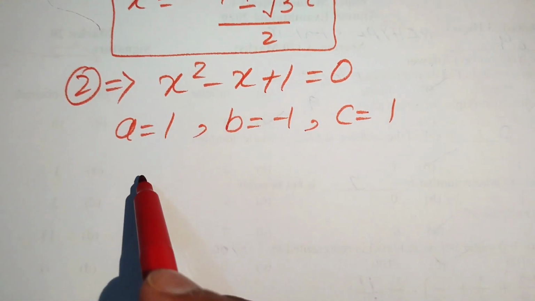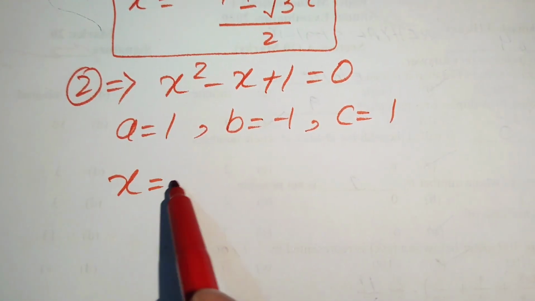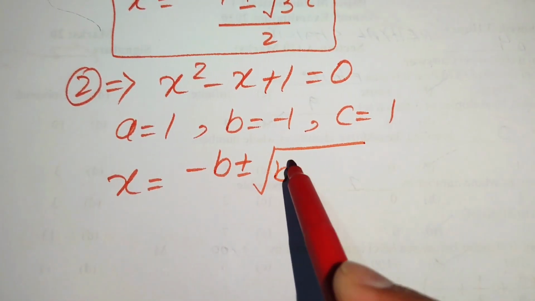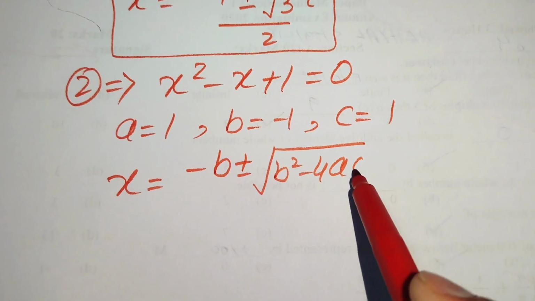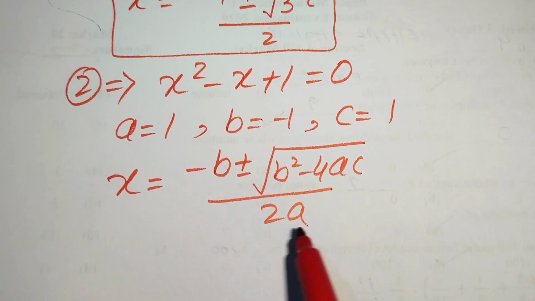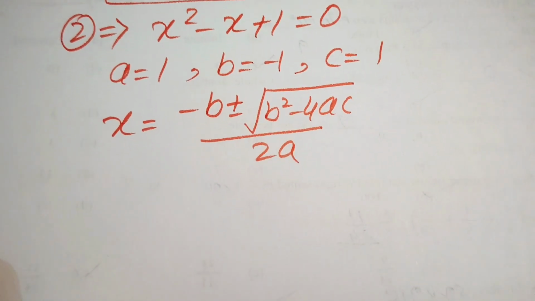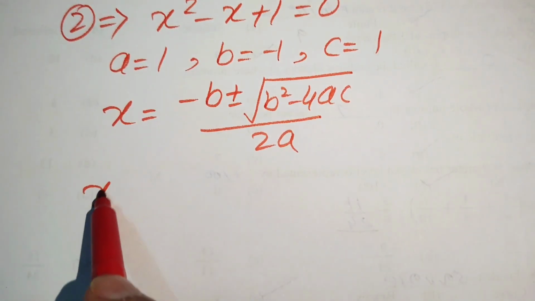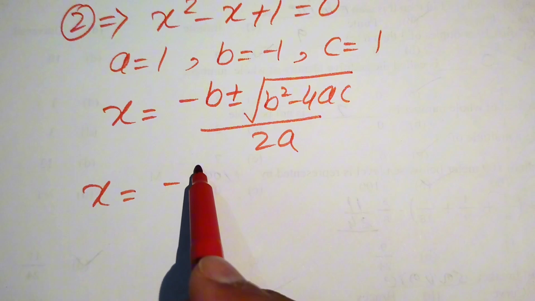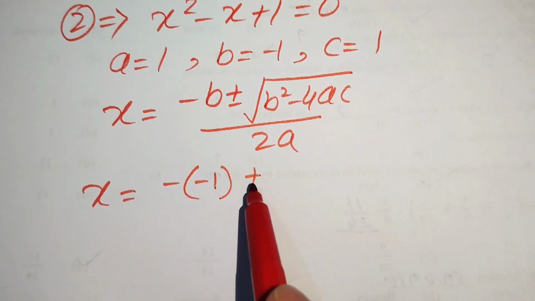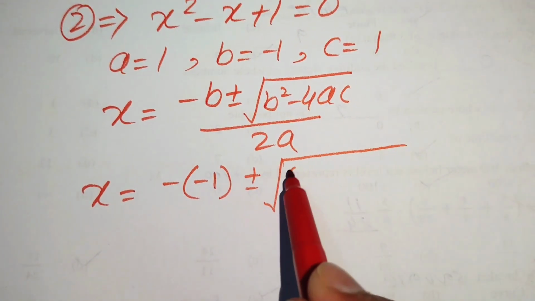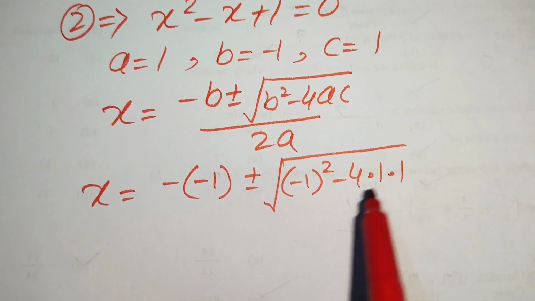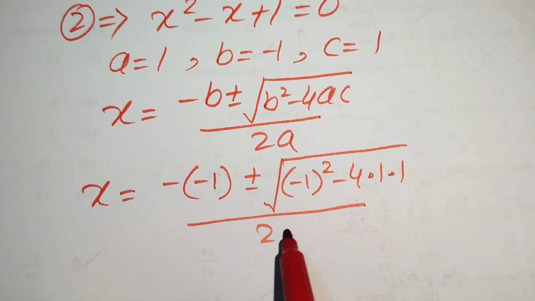So here we write the quadratic formula: x equals -b ± square root of (b^2 - 4ac) divided by 2a. Here we substitute the values of a, b and c, and we get x equals minus b, and the value of b is -1, ± square root of (-1)^2 minus 4 times 1 times 1, divided by 2 times 1.